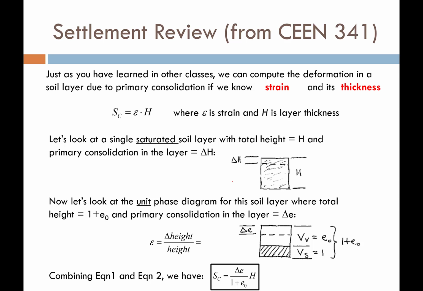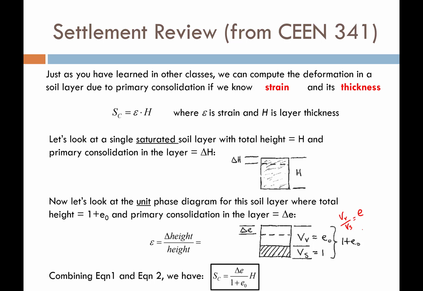So if we look at a unit phase diagram where we have the volume of the voids and the volume of the solids, we call it the unit phase diagram because the volume of the solids is equal to 1. That means the volume of the voids is equal to e naught, the void ratio, because you remember volume of voids over volume of solids equals void ratio.